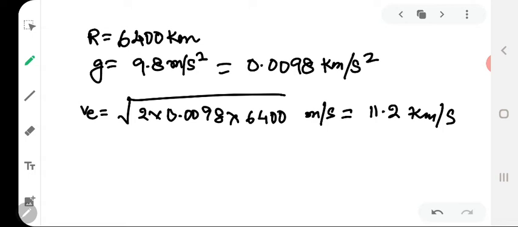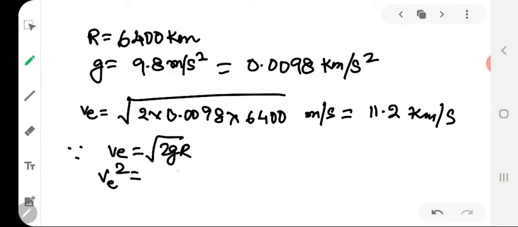So any object which is projected from the surface of Earth with a velocity of 11.2 km per second will escape the gravitational pull. Further, since VE is equal to root over 2gr, squaring both sides, we get V square equal to 2r into g.